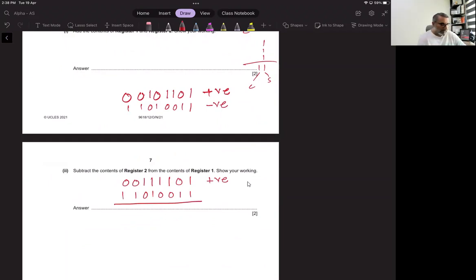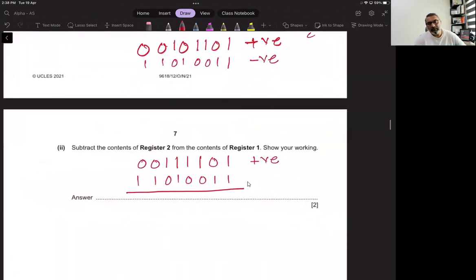Remember, in computer, there is only one operation, that is addition. So that is why we use 2's complement. Whatever number is required to be subtracted first needs to be converted to its 2's complement negative form. Okay.